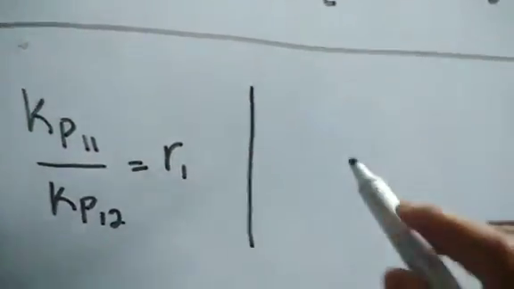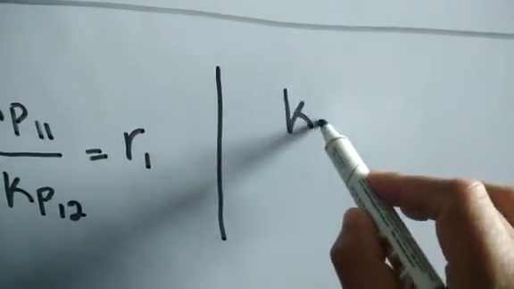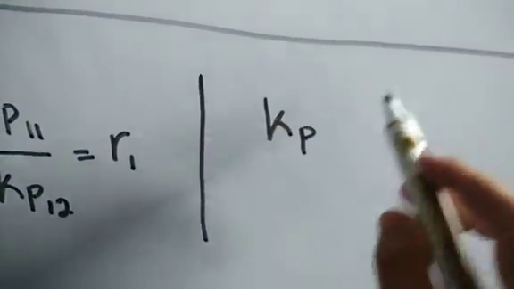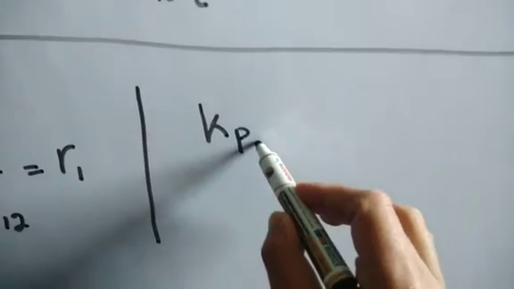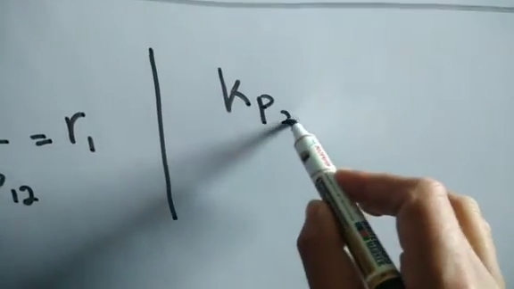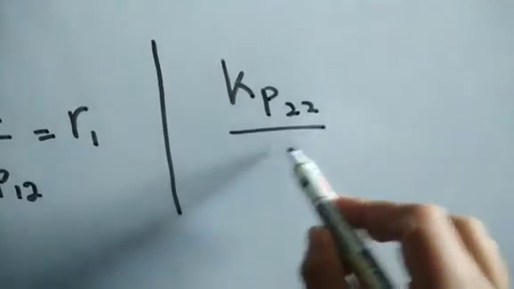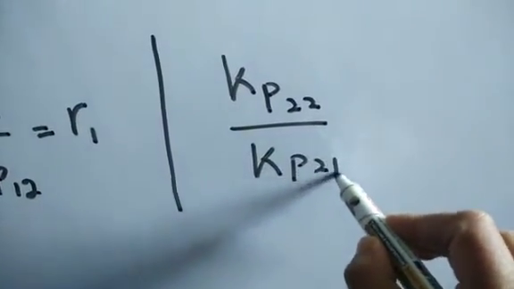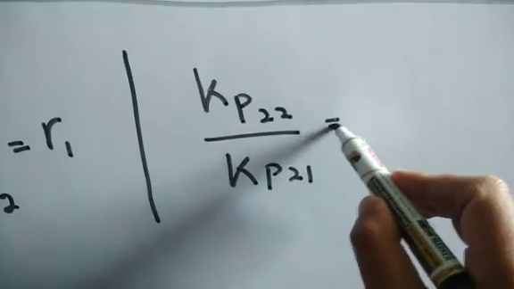And likewise we'll keep Kp22, as usual, over Kp21, the ratio of the rate constant of this one and P to 1. That is equivalent to R2.